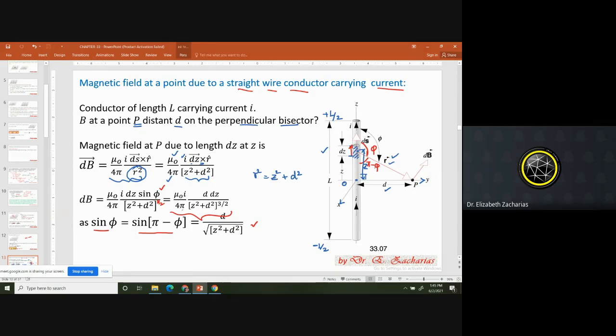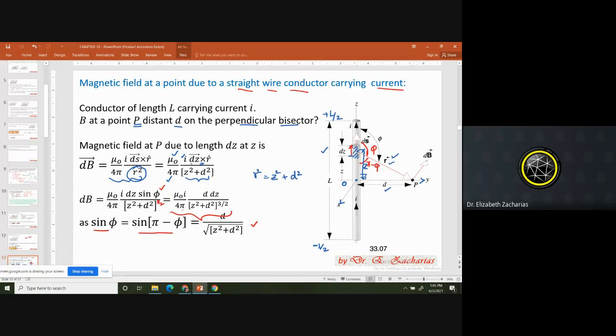Now I want it for the entire wire. And now look at the direction of the magnetic field. It should be perpendicular to the r vector and the dz vector. Both these vectors are lying on the yz plane.